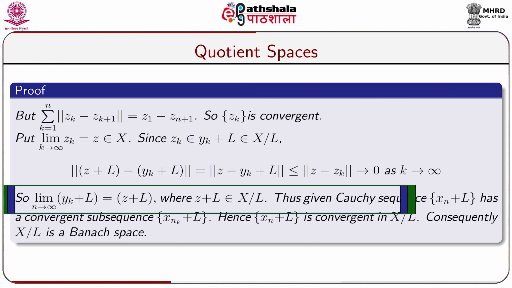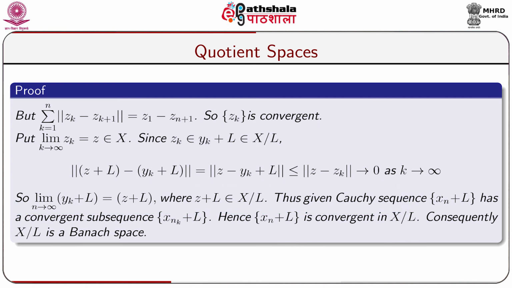This implies that the limit as k tends to infinity of yk + L is equal to z + L, where z + L belongs to X/L, because z belongs to capital X. This shows that the given Cauchy sequence xn + L has a convergent subsequence x_nk + L, because yk is equal to x_nk is assumed.